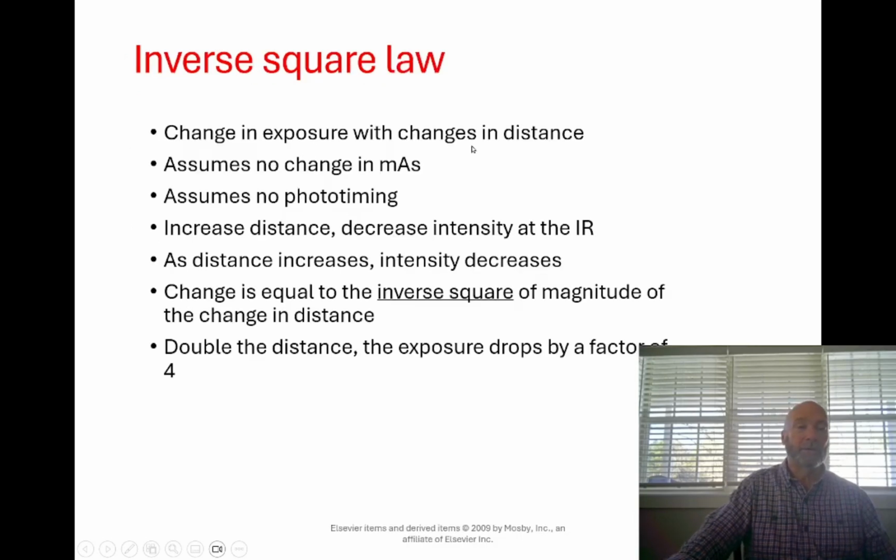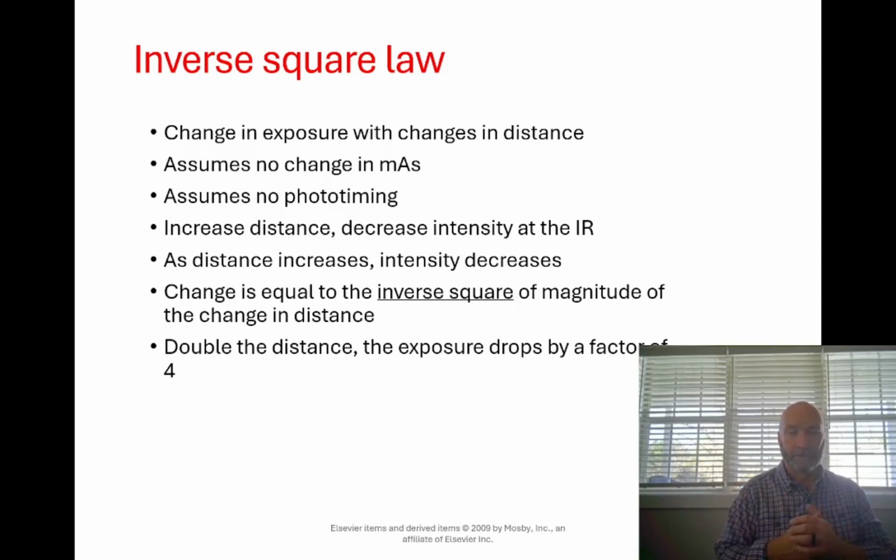So we've got two different laws that govern SID. One is the inverse square law, and one's a direct square law. The inverse square law we covered last semester, and you're probably going through it in radiobiology if you haven't already. The inverse square law tells you what changes in exposure you have with changes in distance. That assumes that you have made no changes in mAs, and we talked about this.